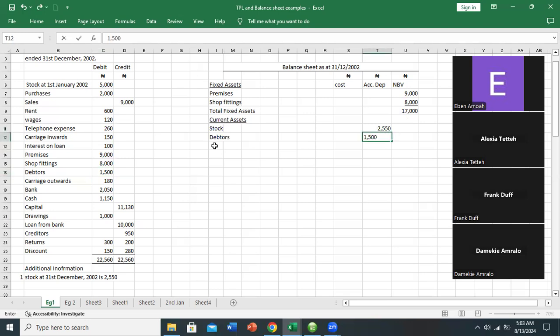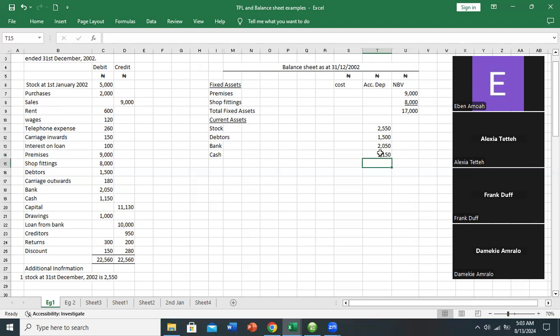Then after that, the next on the list was prepaid expense and accrued income. If you check this question, there's nothing like prepaid expense or accrued income. We don't see those things here. So we move to the next, which is bank, and then cash. Our bank figure is 2,050, and our cash is 1,150.